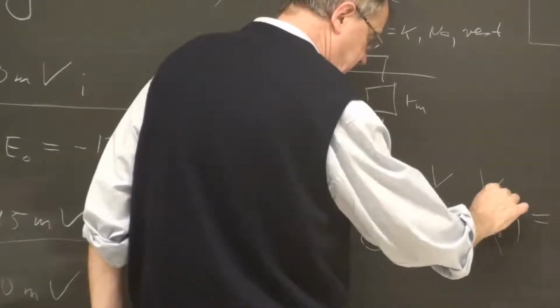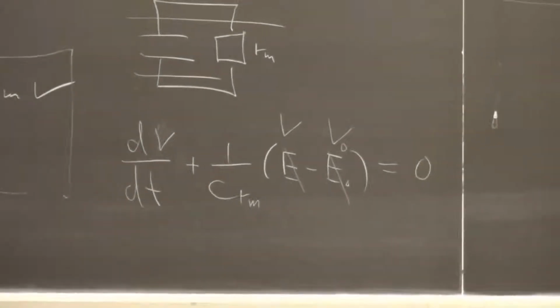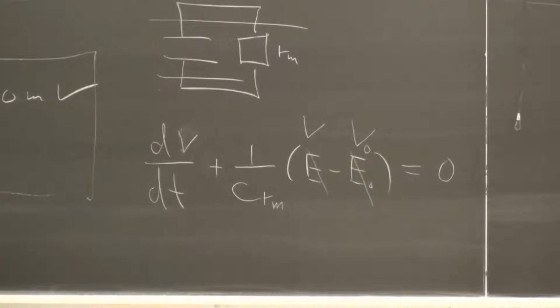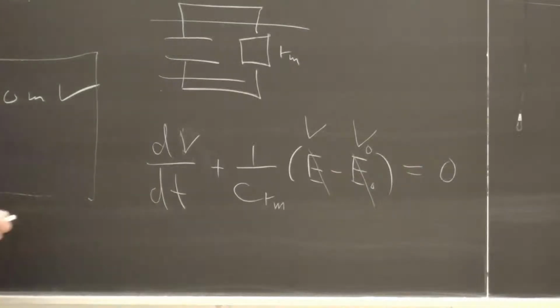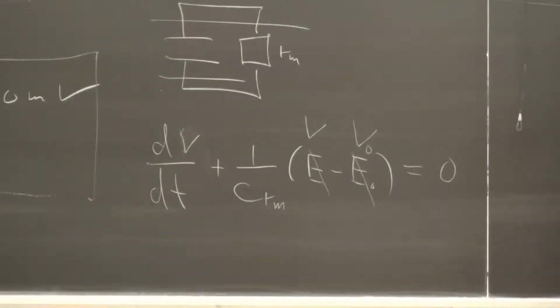V0, I apologize, but I'm used to that kind of notation. Notation is just notation, whatever we call it. Then I can subtract V0, and then I'm getting dV/dt is equal to minus 1 over C R_m times V. And that is a voltage relative to E0, I know this.